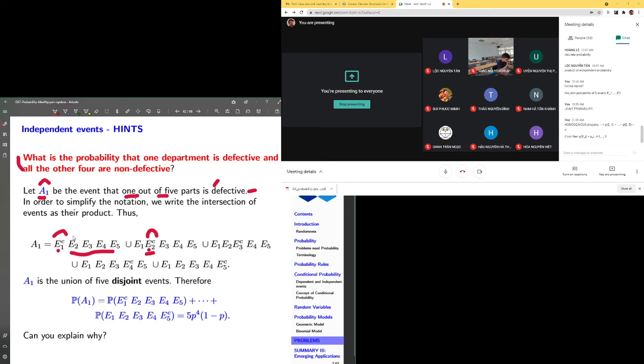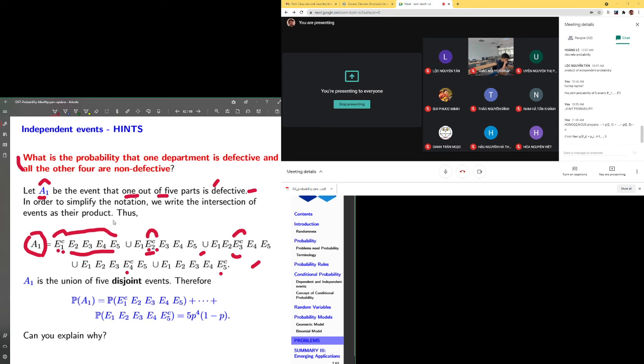And because the roles of the 5 departments are the same, what happened to E1 possibly happened to E2, and what happened to E2 possibly happened to E3. You see, then you have to take the union, and move on with E4 and E5. Therefore, computing the entire event A1 will be long like this. So you have to imagine that the first one here is one event.